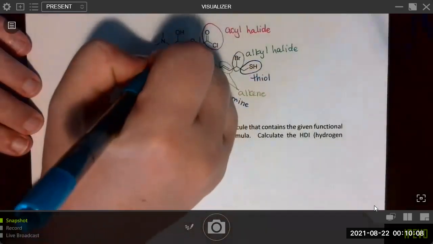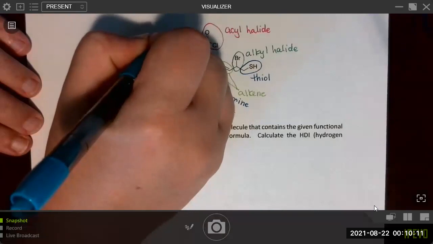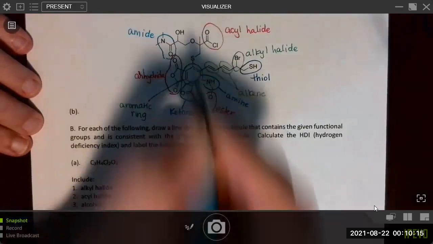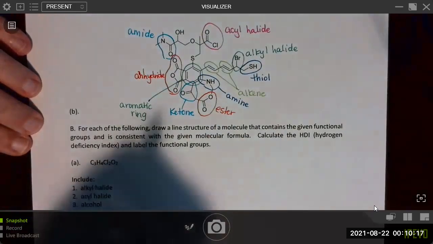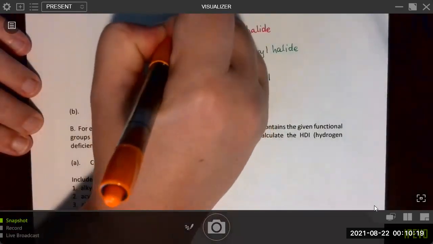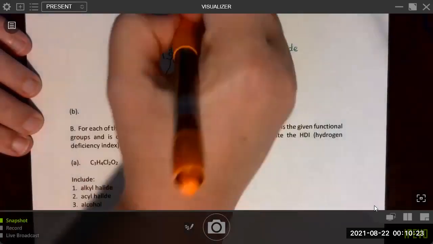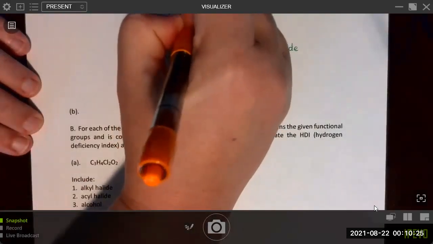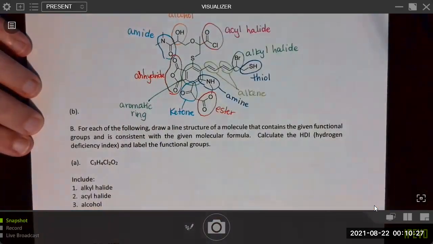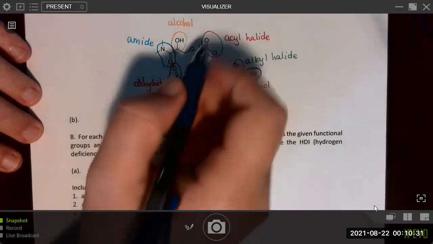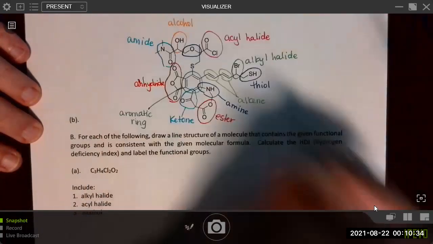Up here, I've got a carbonyl next to a nitrogen. This is an amide. And I have a carbon attached to an OH, no carbonyl here, so this is an alcohol. And I've got an oxygen sandwiched in between two carbons.